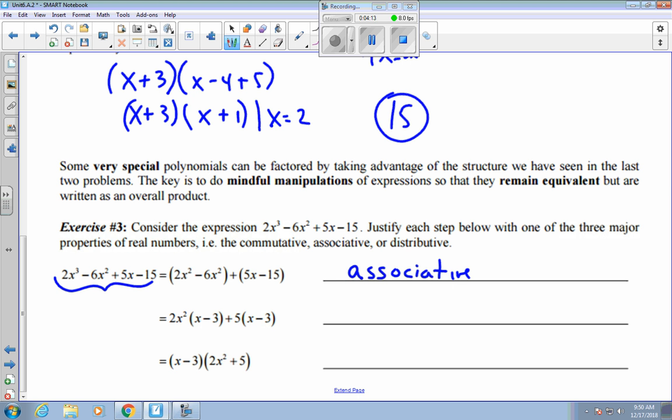And then in the second one, you are factoring out, and another method of factoring is also the distributive property. And the last step, you are also factoring out the x minus 3. So this is also a distributive property.